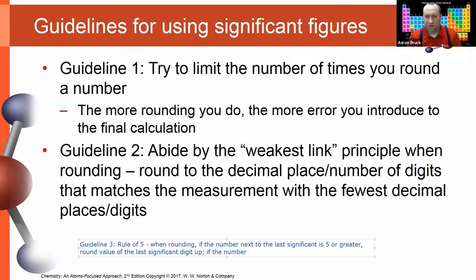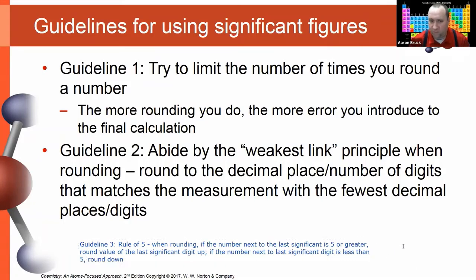If not, if that number is less than 5, then you round down. Really simple. I mean, this is the kind of rounding discussion that you've probably had since upper elementary school. 5s and up, round up. 4s and down, round down. So hopefully it shouldn't be that complicated for you as you're doing those calculations.